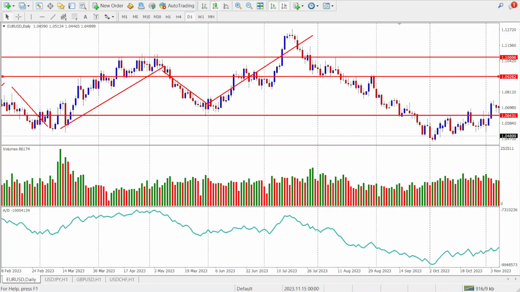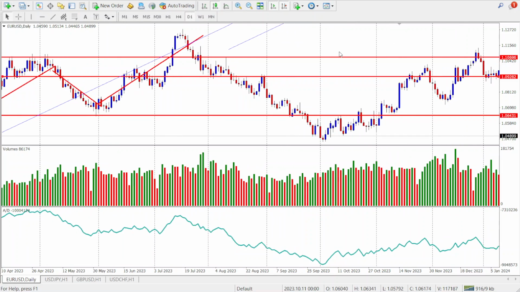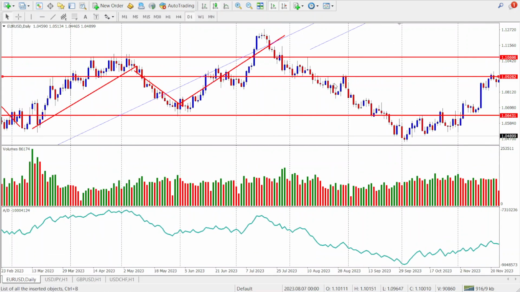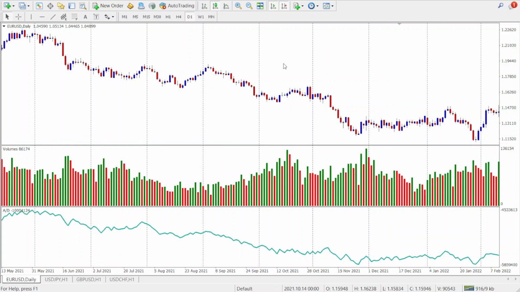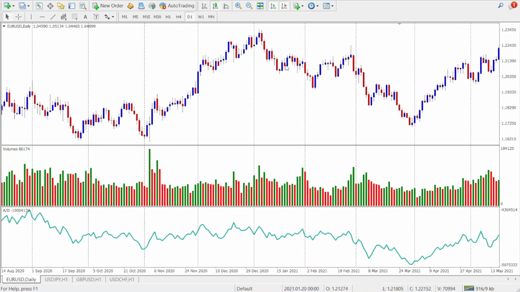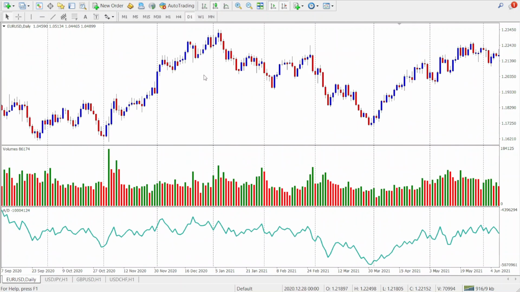But in case you find such an example, you might find a sort of consolidation phase just right before the bearish breakout happens.